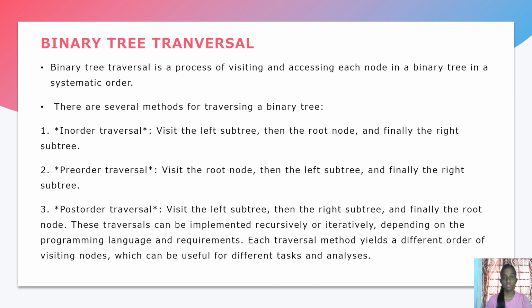Pre-order traversal visits the root node, then the left subtree, and finally the right subtree. Post-order traversal visits the left subtree, then the right subtree, and finally the root node. These traversals can be implemented recursively or iteratively depending on the programming language and requirements.